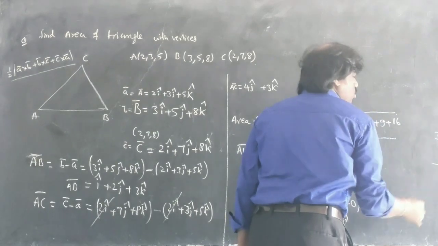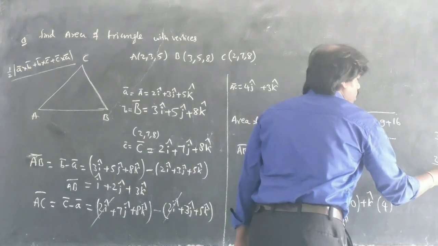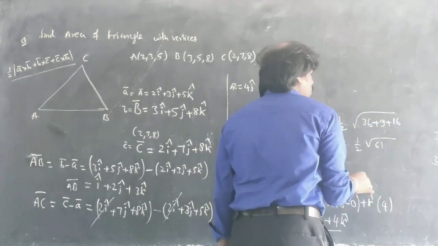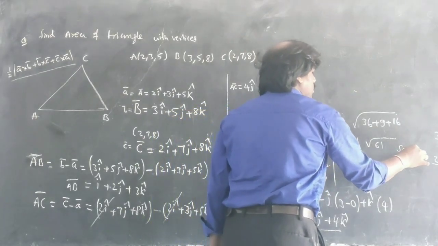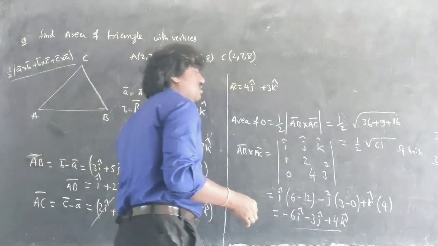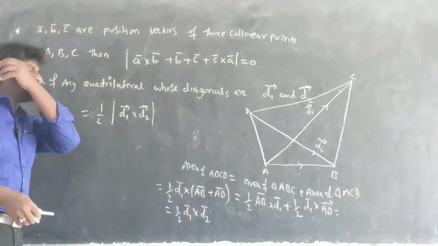So 36 plus 16 is 52, 52 plus 9 is 61. So you get square root of 61, so square root of 61 by 2 square units is your answer. This is the way to find the area of the triangle when the position vectors are given. Hope you understand. Let us start the next question.